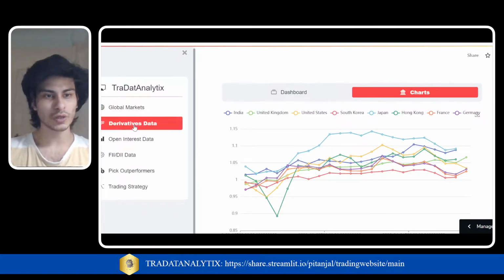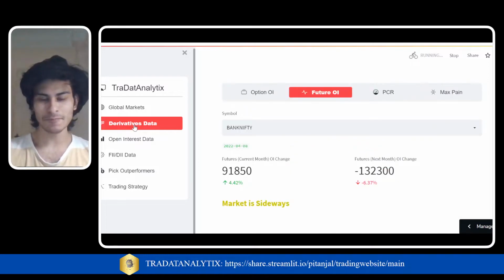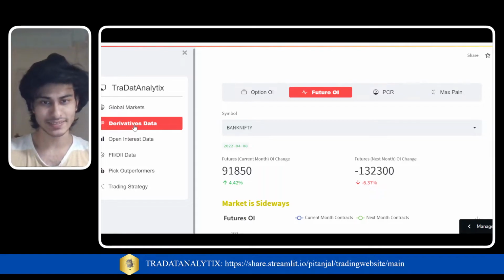Now next, we have the derivatives data. This is pretty interesting actually. Here we take the derivatives data from the National Stock Exchange, the NSE, plot some graphs and try to forecast the sentiment of the market.